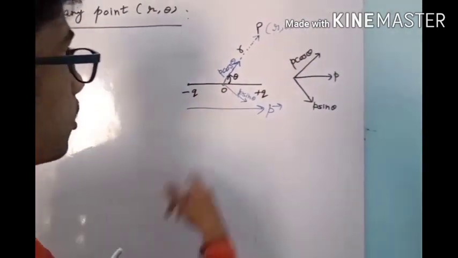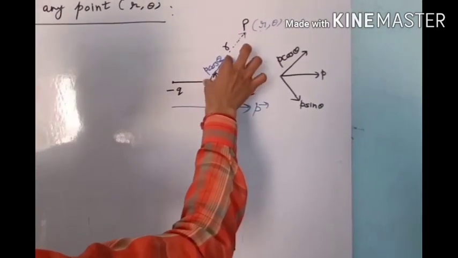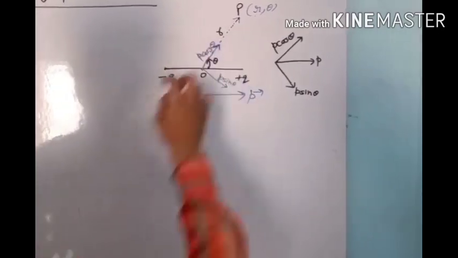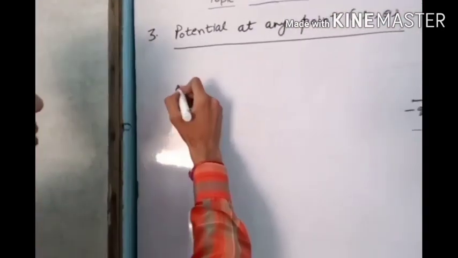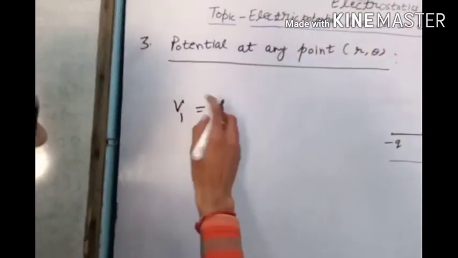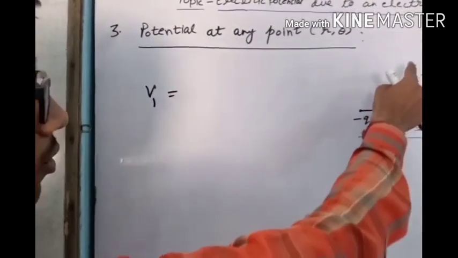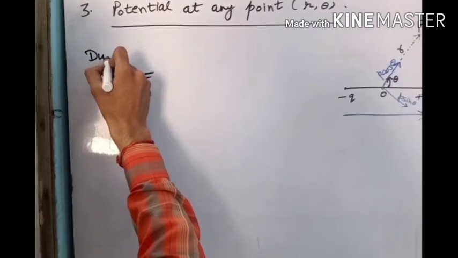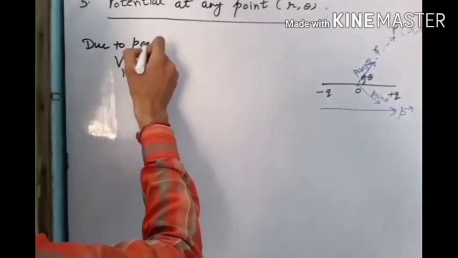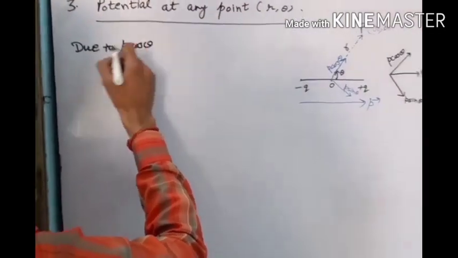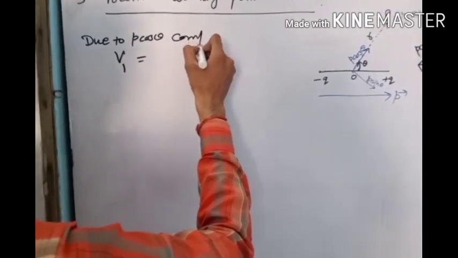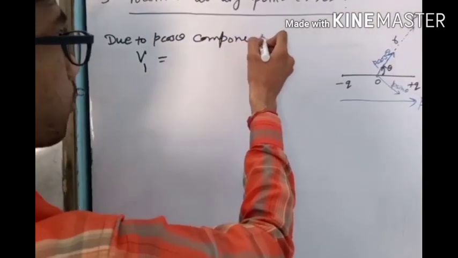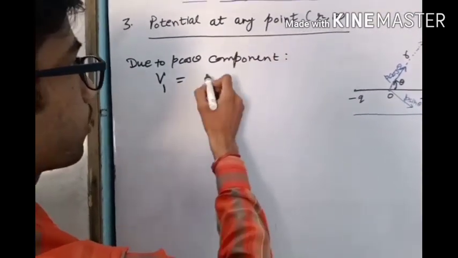The potential at point P due to the P cos theta component is V1.